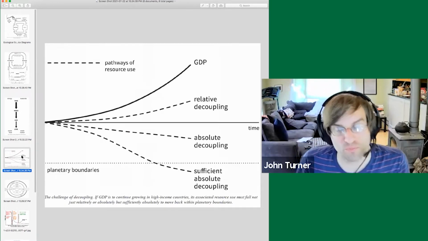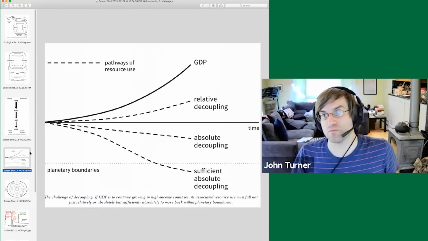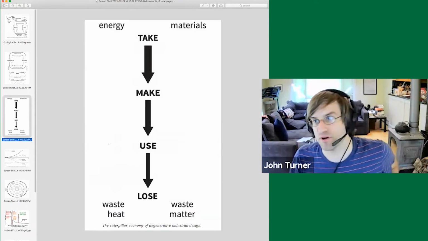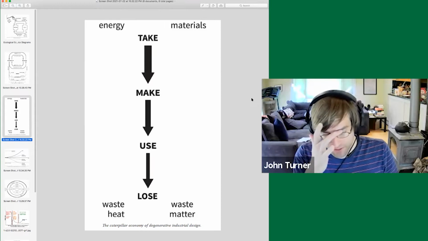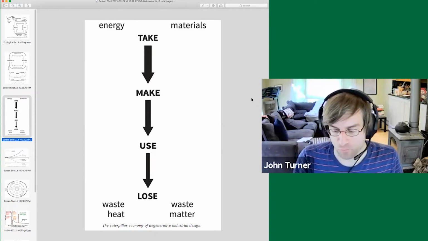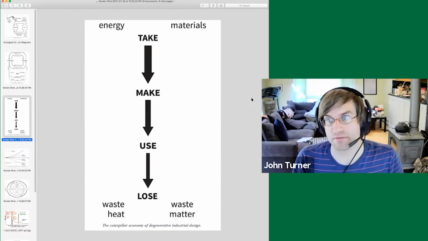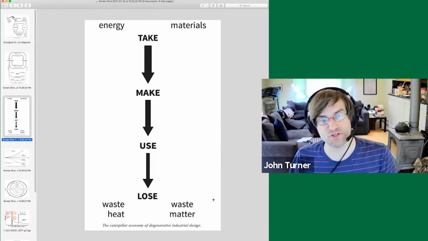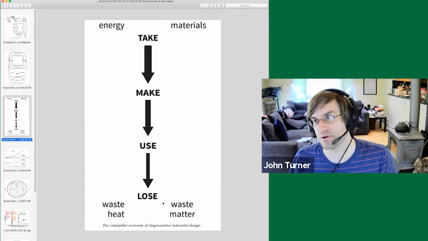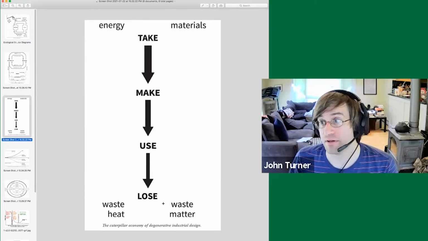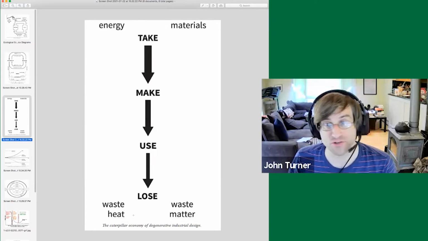Actually, before I go to the next diagram, somebody explain to me what the hope is. If most of what we are doing is producing things that then are lost, we take material and energy from the larger world around us, we turn it into other things that we use, and in that process, via entropy, we lose heat.